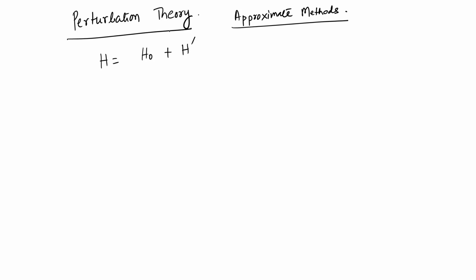But why these approximate methods work is that the expectation value of H prime as compared to H naught is much smaller than 1, okay? Or you can say that the expectation value of H prime is much smaller than that of H naught.